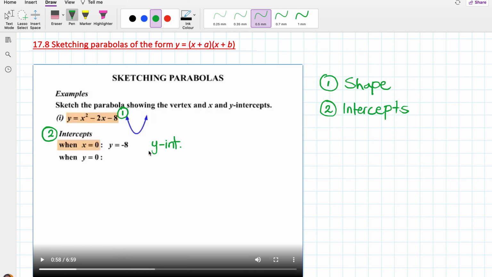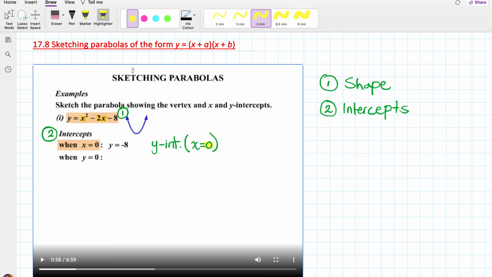To find the y-intercept, you have to put x equal to 0 because that's when it's going to cross the y-axis, okay? So we have to put x equal to 0. And when we do that, I'm going to put this 0 in here and in here.